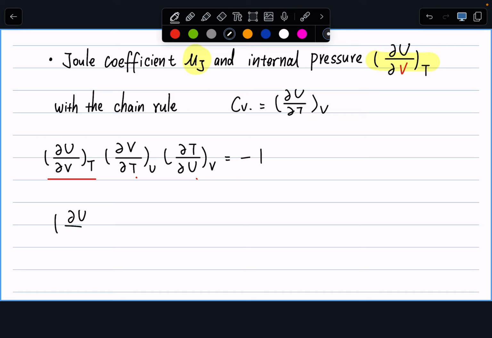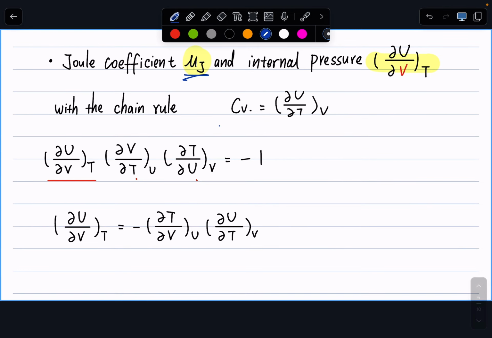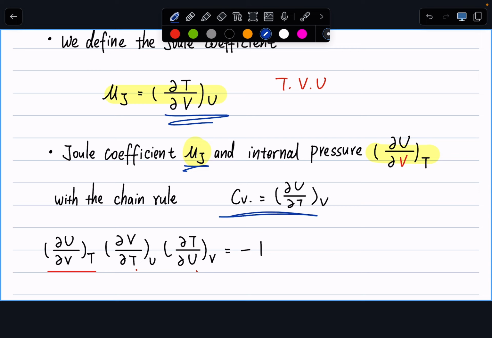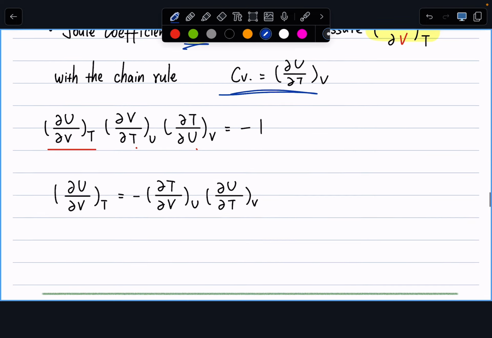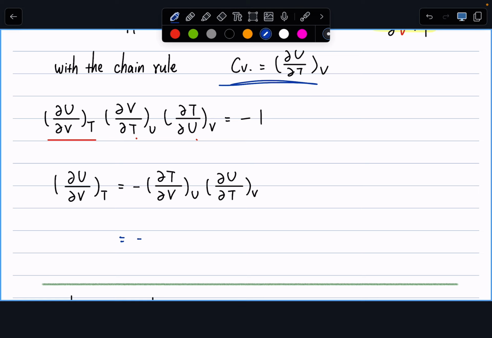What we end up getting is dU over dV at constant T equals negative dT over dV at constant U times dU over dT at constant V. And then using the definition of our Joule coefficient and also our CV, we can write it out as negative mu J times CV.